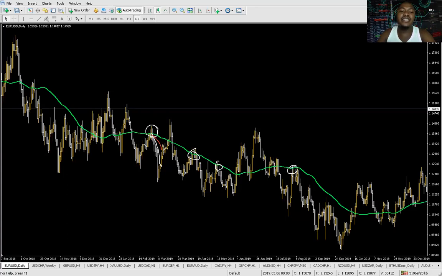In this direction here, this direction here, this direction here, and also in this direction here, which is cool.